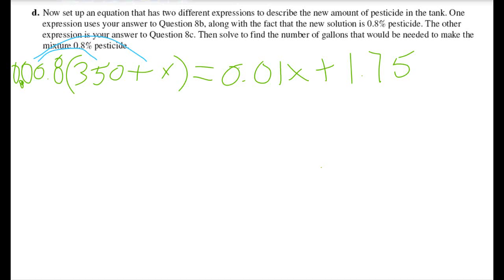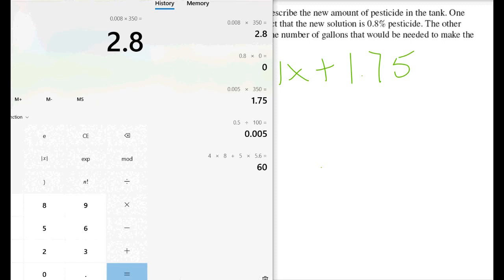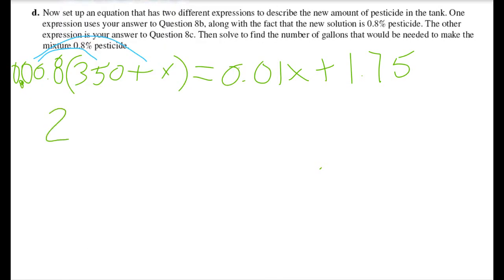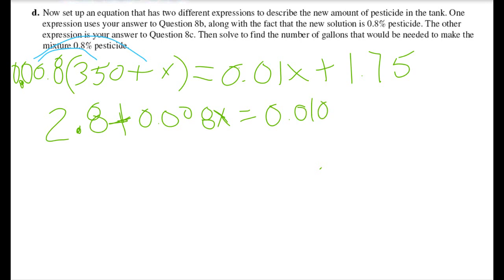I like that, but I still say distribute. 2.8 plus 0.008x equals 0.010x. I added the 0. Hopefully you'll see why I added the 0 in a moment. Plus 1.75.